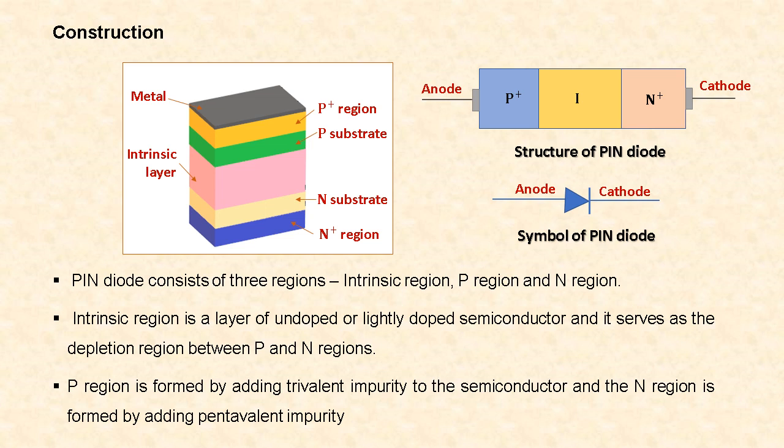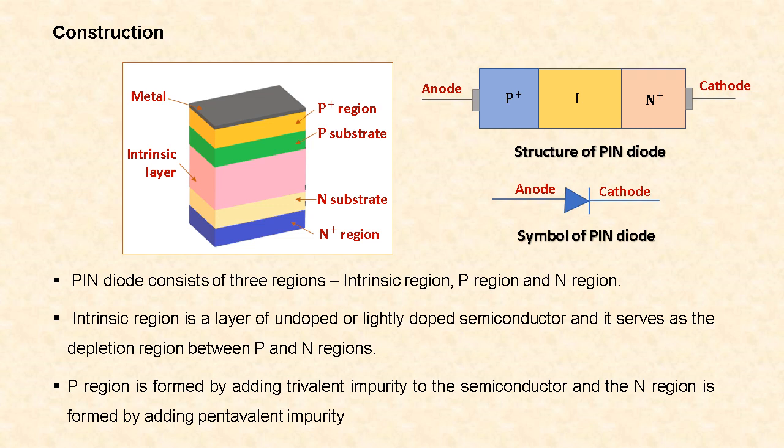The structure of PIN diode consists of three regions, namely intrinsic region, P region and N region. The intrinsic region is a layer of undoped or lightly doped semiconductor and it serves as the depletion region between the P and N regions. The P region is formed by adding trivalent impurity to the pure semiconductor, and the N region is formed by adding pentavalent impurity to the pure semiconductor.